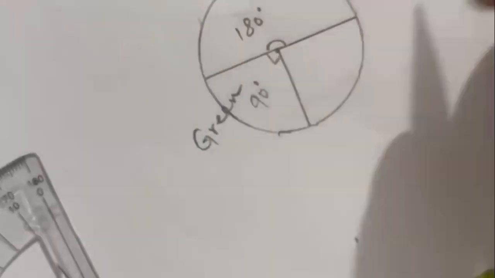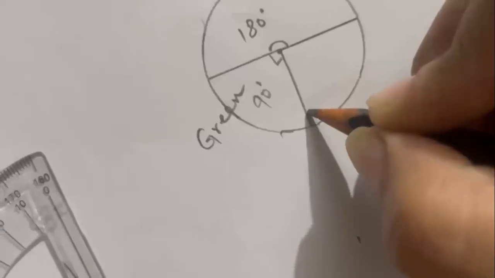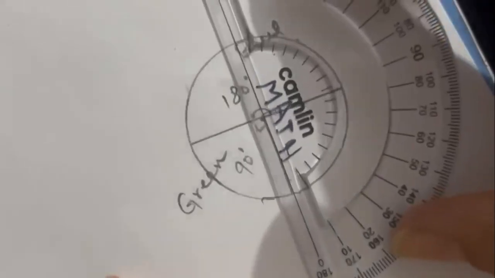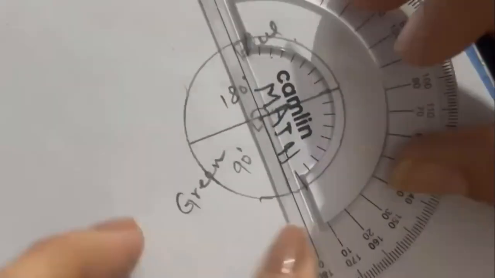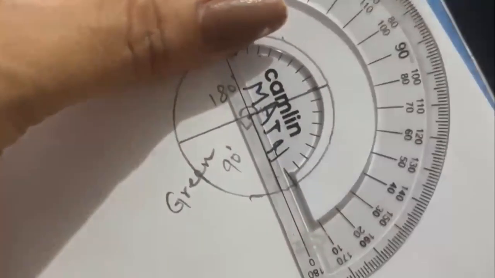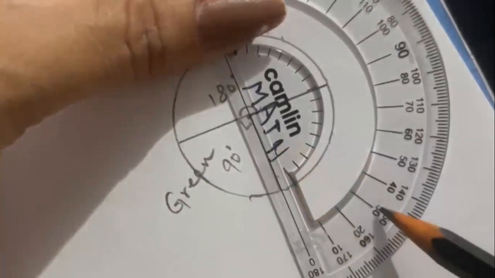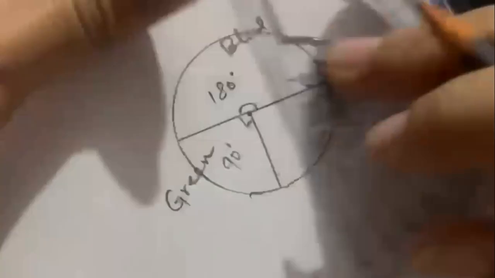Okay, now next, this is the last drawn line, so it will work as baseline. Now next, red, which is 60 degree. So as this line works as baseline, this point should coincide with this line, right? And we need to draw 60 degree. Here you can see the line is going this side, so 0, 10, 20, 30, 40, 50 and 60. So here I'll draw a point.